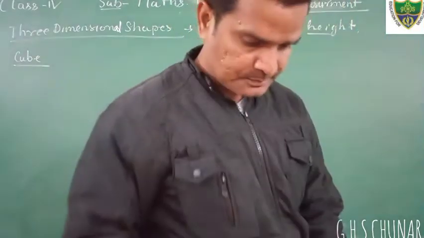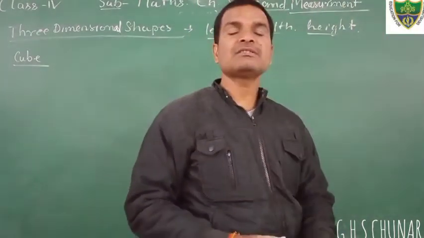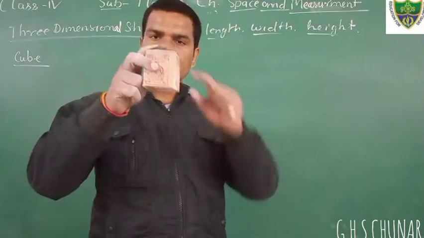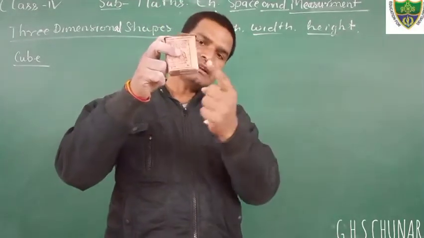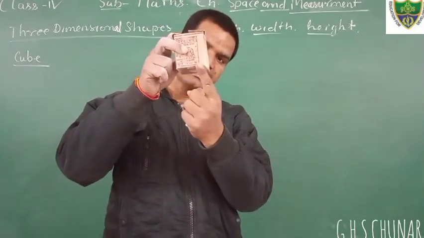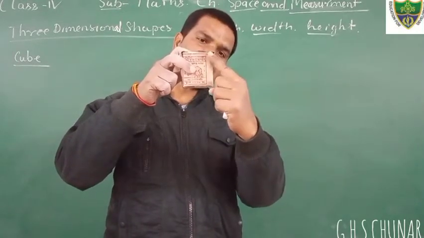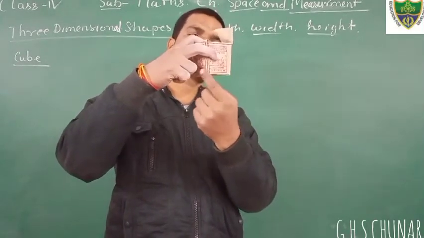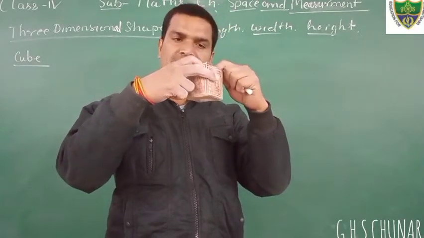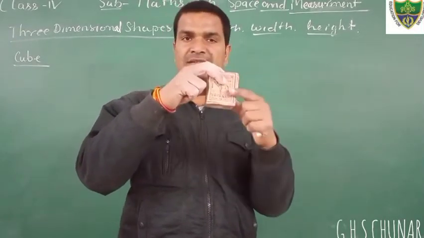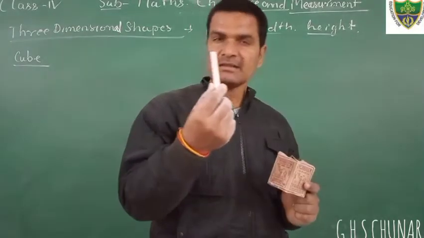Suppose this is the box of chalk. It is a three-dimensional shape because here you can see it is the length, it is the height and it is also the breadth.